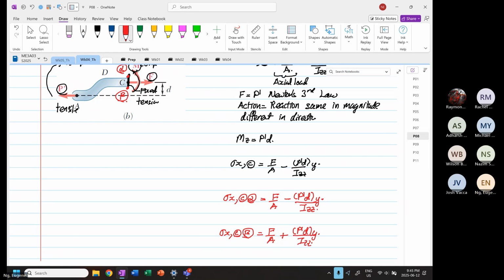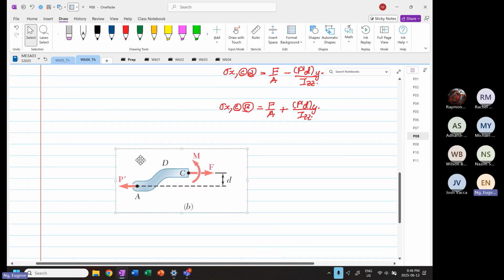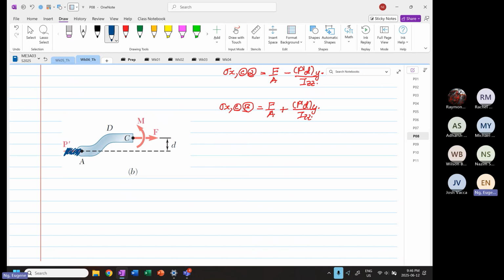Now I'm going to do something different. What if I flip it around? What if P prime is now acting inwards? So all this I'm going to get rid of.